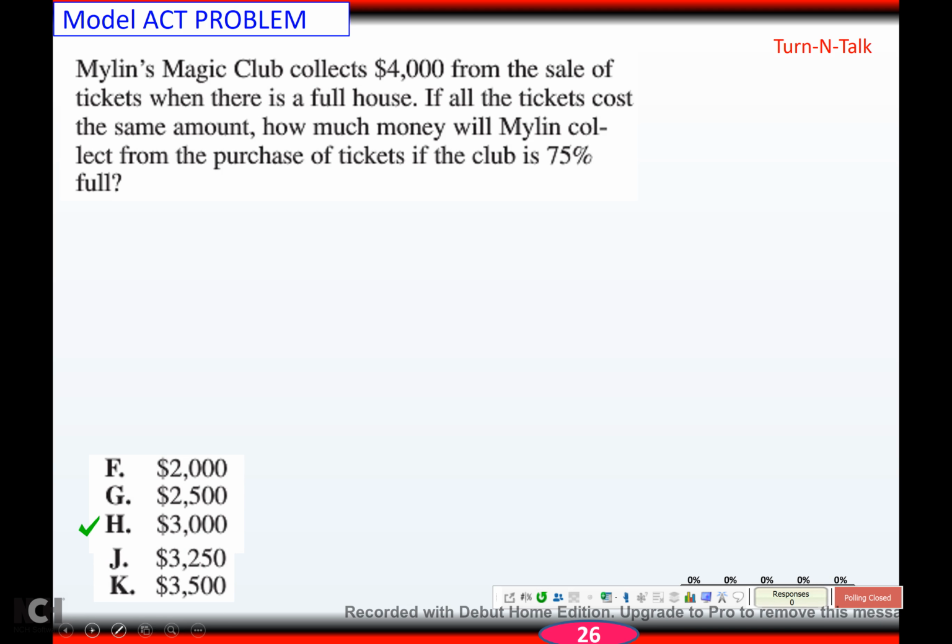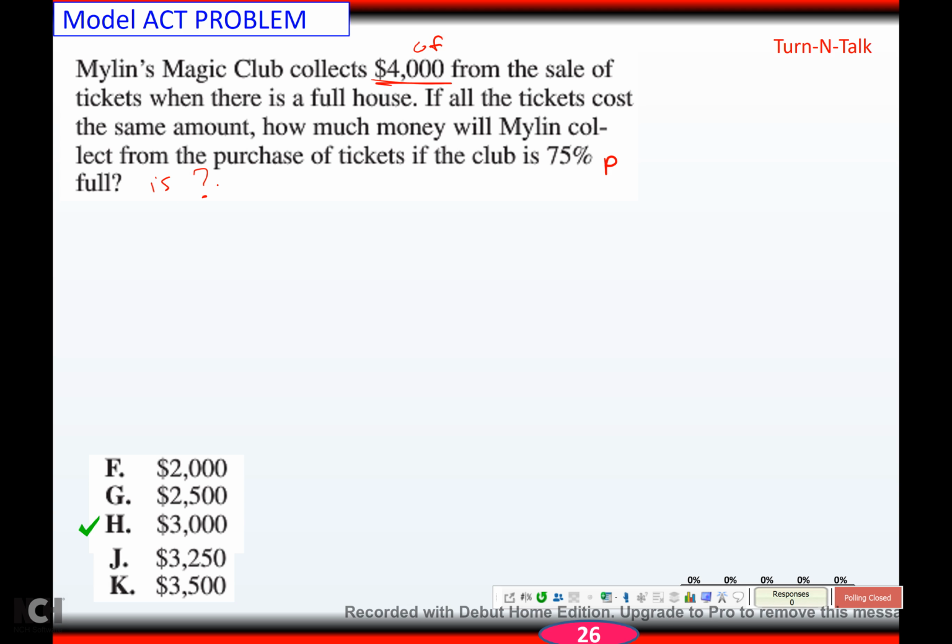And hopefully you got 3,000. It says Mylan's Magic Club collects 4,000 from the sales of tickets when there's a full house. If all the tickets cost the same amount, how much money will Mylan collect from the purchase of tickets if the club is 75% full? Well, there's your P. It collects a total of 4,000, so that's your of. I need to know 75% of 4,000.